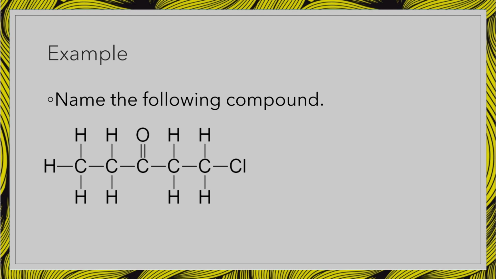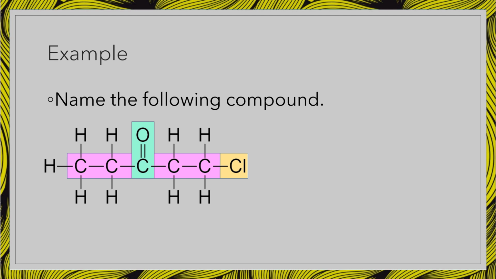What about this one? Longest carbon chain is 5. Carbon-oxygen double bond is on the third carbon. We also have a chlorine. Now, which carbon is that chlorine coming off? Well, it's carbon number 1. So remember, we can number right to left or left to right.